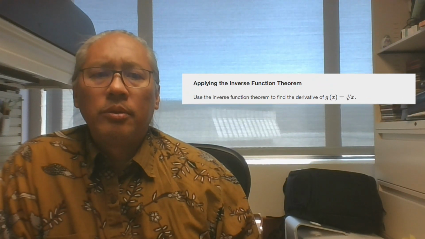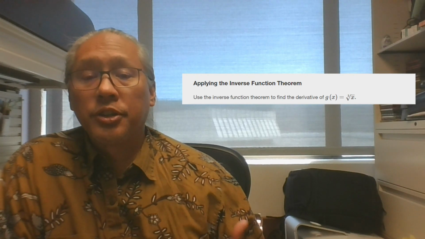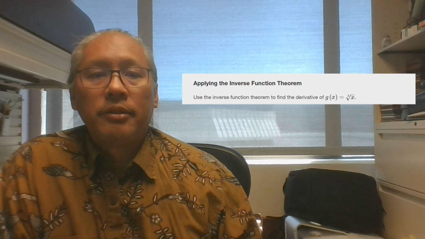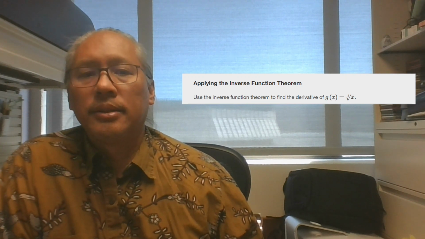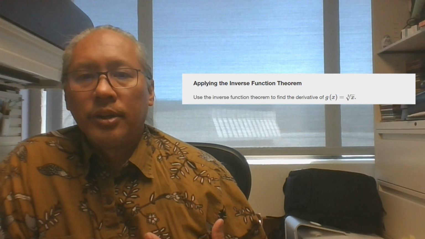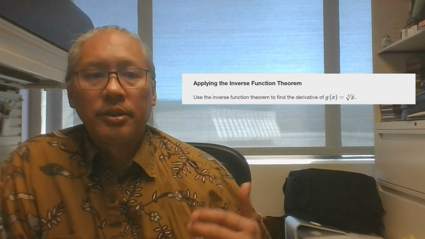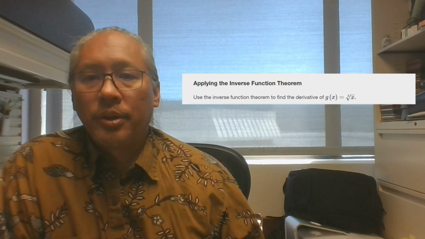So let's see how we can apply this inverse function theorem to finding the derivative of something that we haven't done yet, but we do have the derivative of the inverse of that function. The function that I'm referring to in this particular example is x to the 1/3.